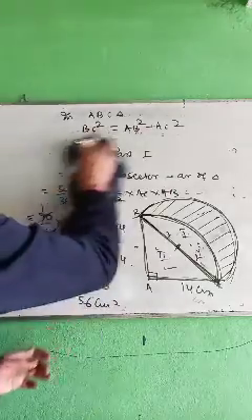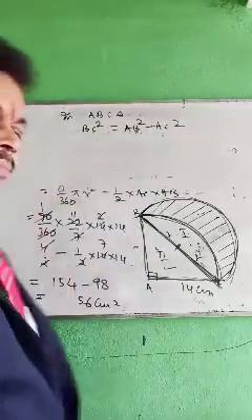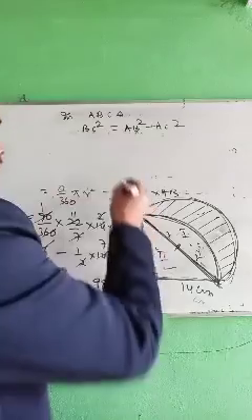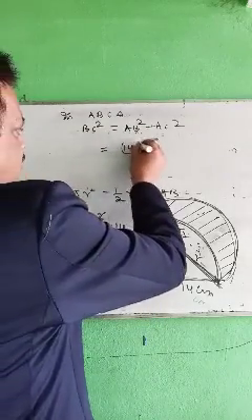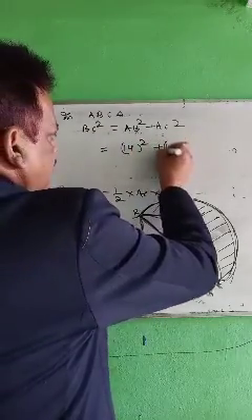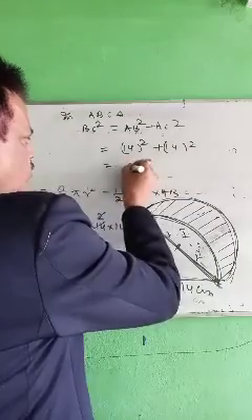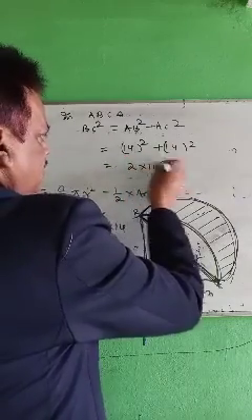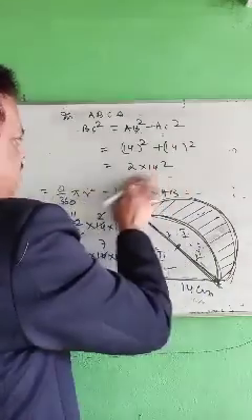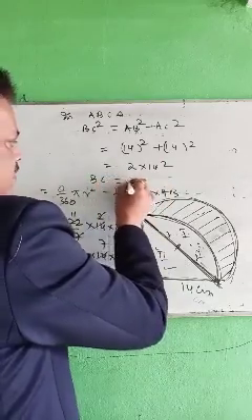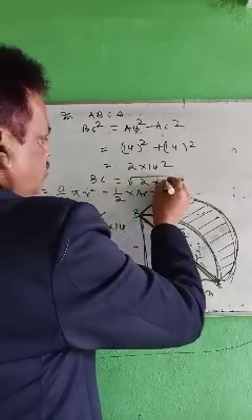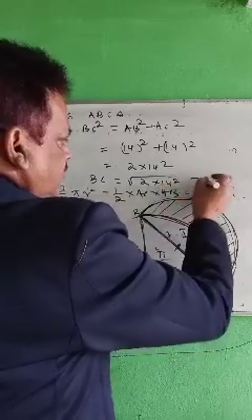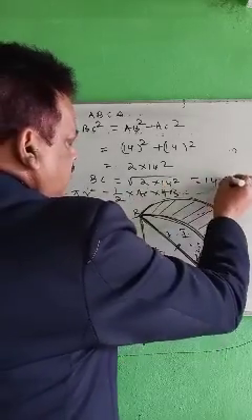So 14 square plus 14 square means 2 times 14 square. So BC equals root over 2 times 14 square, which is 14 root 2.